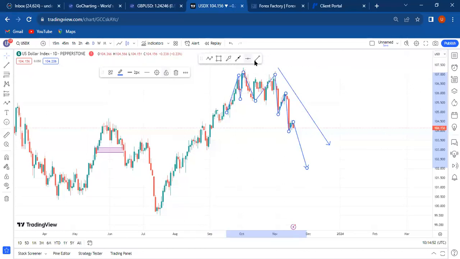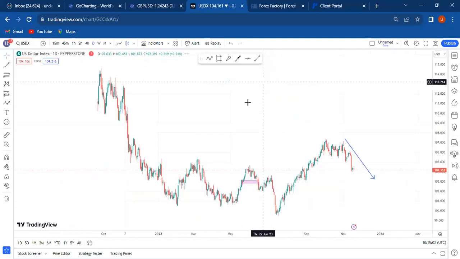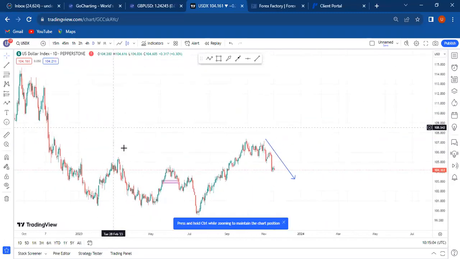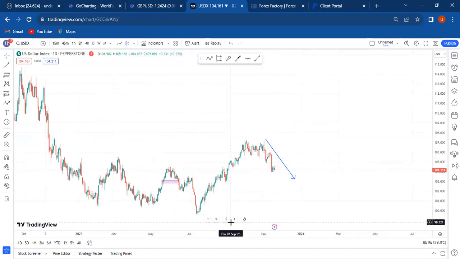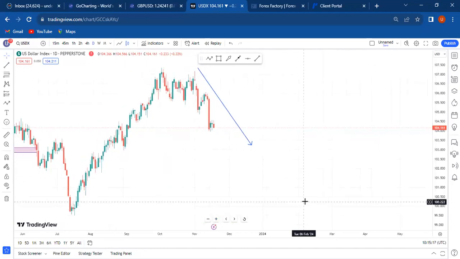Now, the daily time frame, what are we looking towards? The first thing we are looking towards is tangible areas that we need to see. We see that the market is respecting some support resistance areas.